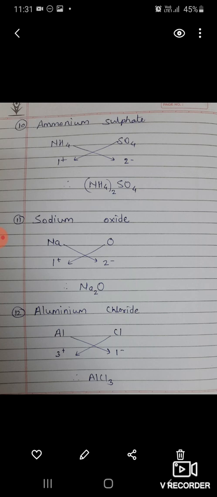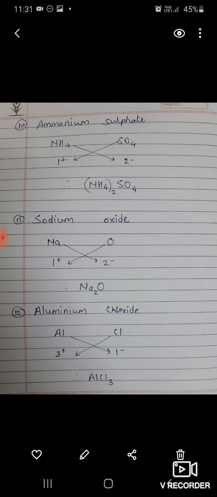You have to take the whole polyatomic ion, that is NH4 in bracket and then twice. Okay. So NH4 twice, SO4. Now there is 1 plus, so we are not writing, we never indicate number 1 here. So as sulfate SO4 is polyatomic, there is no need to take bracket for it. So the formula is (NH4)2SO4.